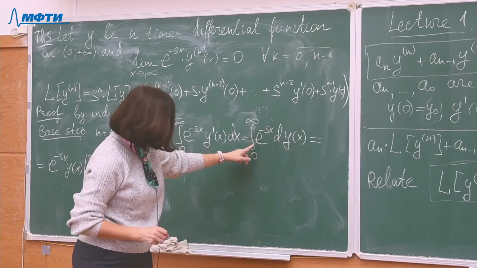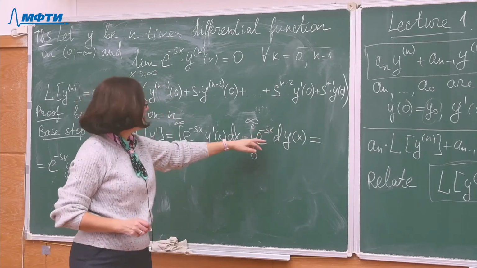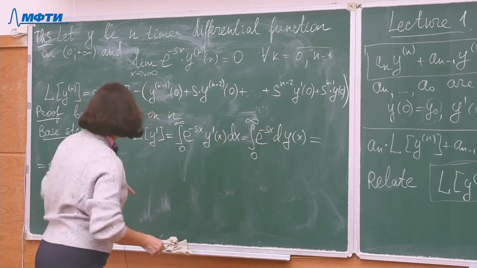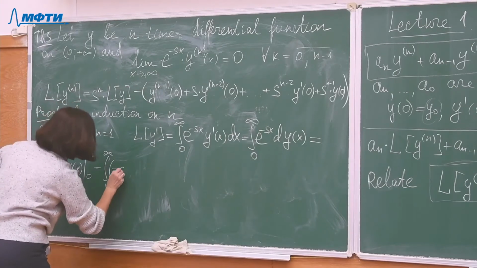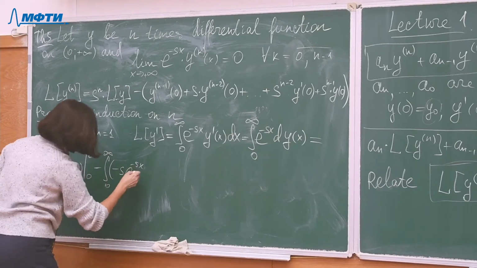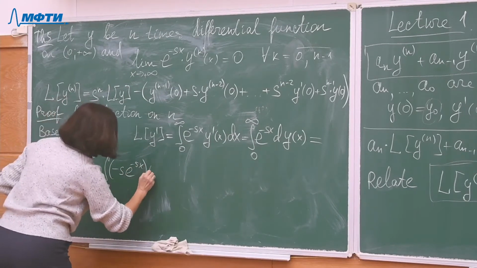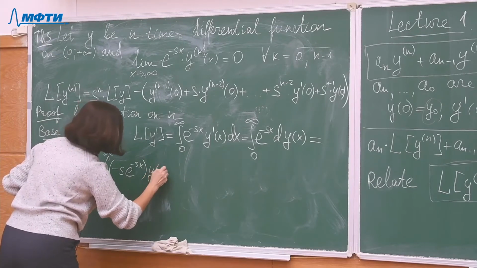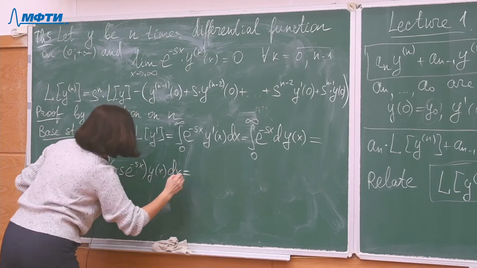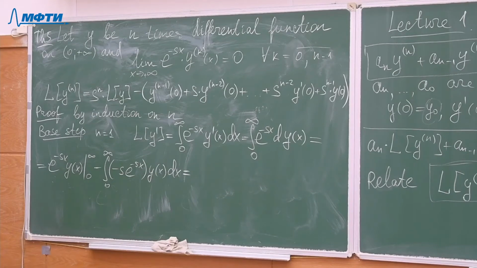The derivative of this function will be minus s e to the power minus sx, so minus minus s e to the power minus sx times y of x dx, by the formula of integration by parts.